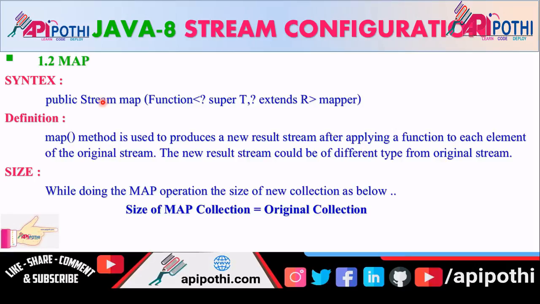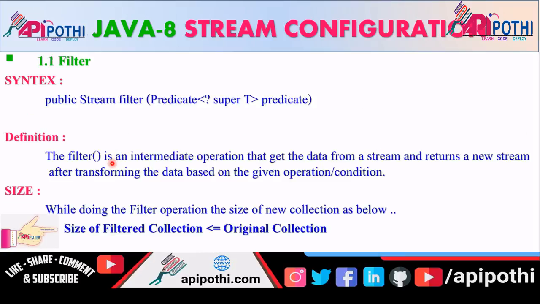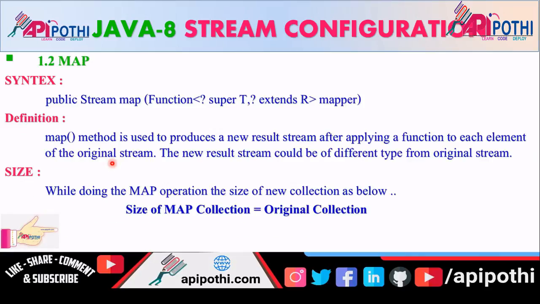Now what is the use of the map method? The map method is used when you want to perform an operation such that you touch each and every object and you don't want to do any filtration. So the map method is used to produce a new stream result after applying a function to each element of the original stream. Earlier in filter we were not considering all the elements, we were fetching only whatever we needed, but here we are doing an operation with each and every individual element, okay.